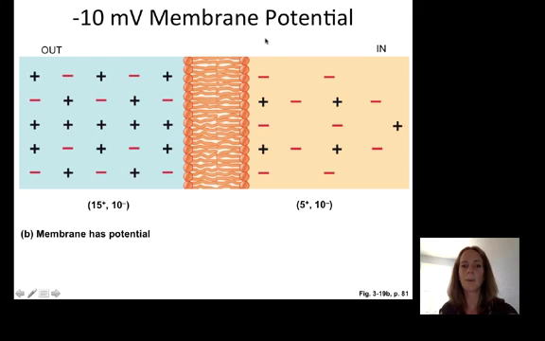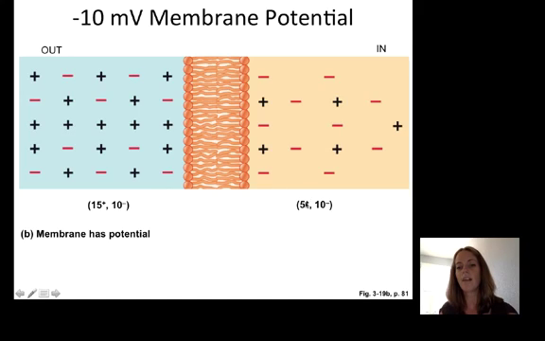In this example, we have a 10 millivolt difference between the inside and the outside. So we take the positive ions that are inside the cell and we subtract the positive ions outside the cell. Then we would take the negative ions inside the cell and subtract the negative ions that are outside the cell. And our difference, really in this example, comes from the difference in our positive ions.